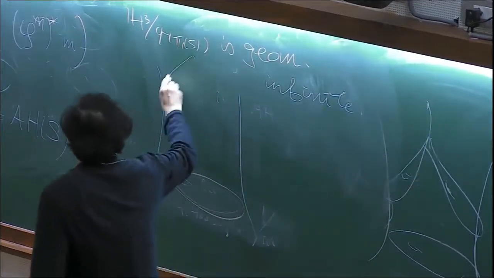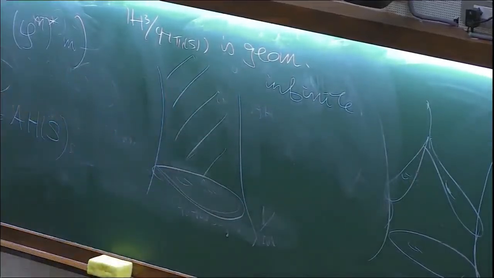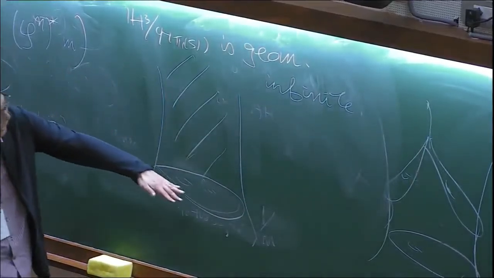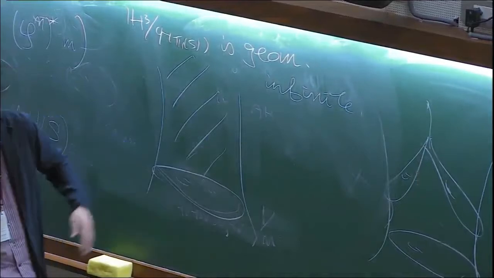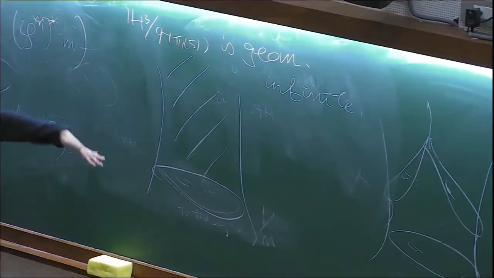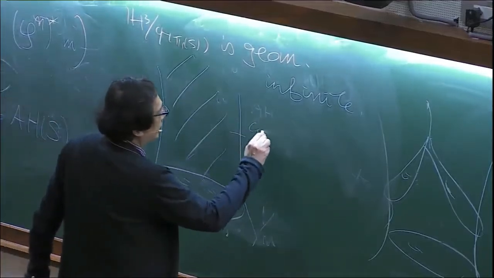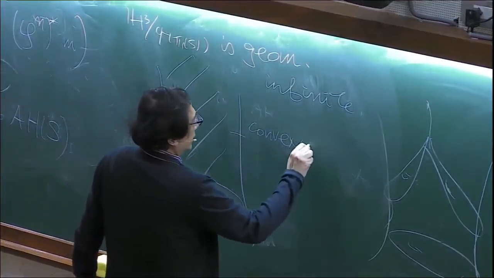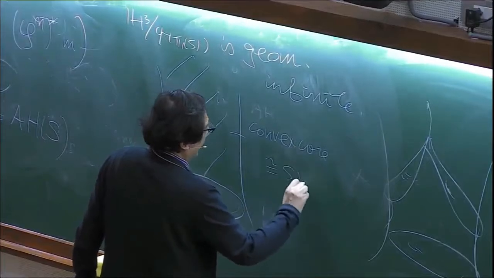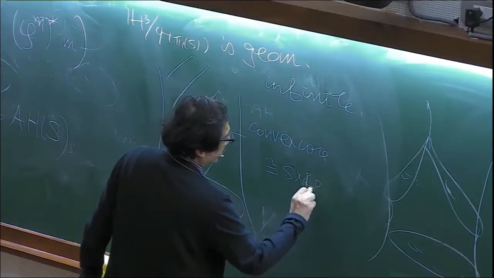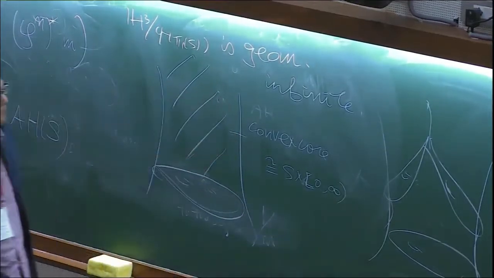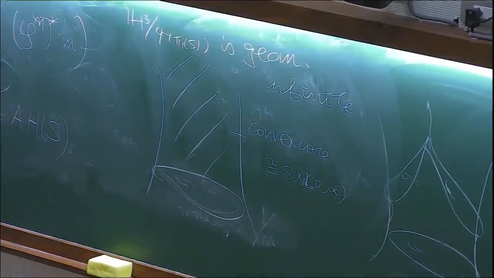So the convex core is the entire part above this. It's homeomorphic to S times [0, infinity), and it has infinite volume.